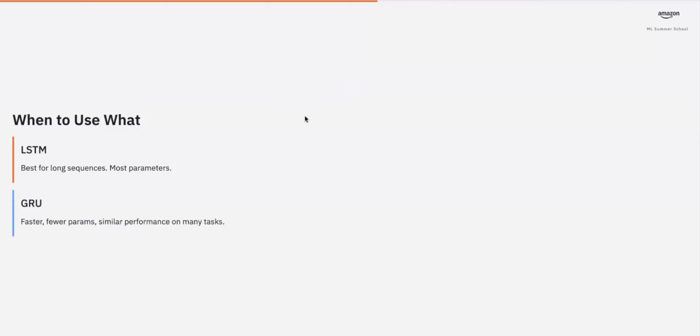We can use GRU when you need speed or you have limited data. It trains about 25% faster than LSTM because it has fewer parameters, and on many benchmarks it performs comparably. If you are doing real-time inference on a phone or an edge device where every millisecond counts, GRU is a strong choice.